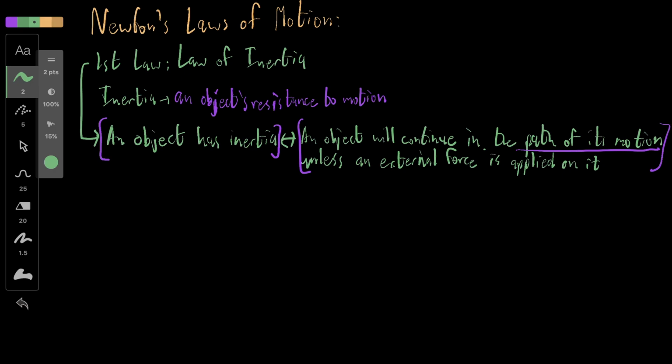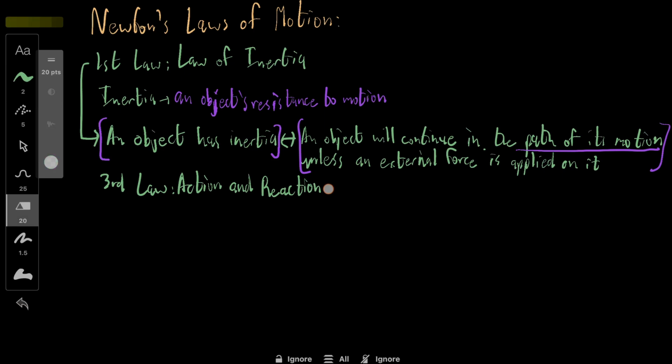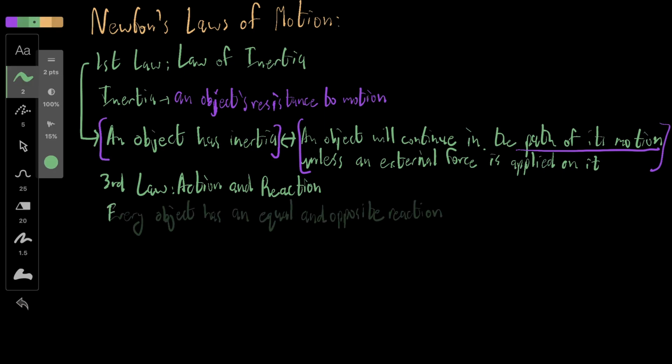Now, let's move on to the third law. The third law states that every action has an equal and opposite reaction. So, let's write that down. What could I possibly mean by equal and opposite? If it's equal, how can it be opposite?